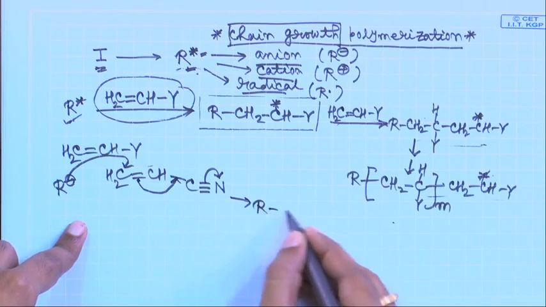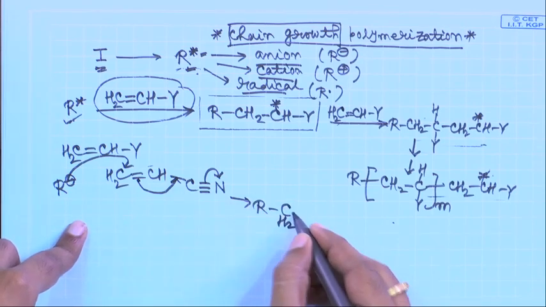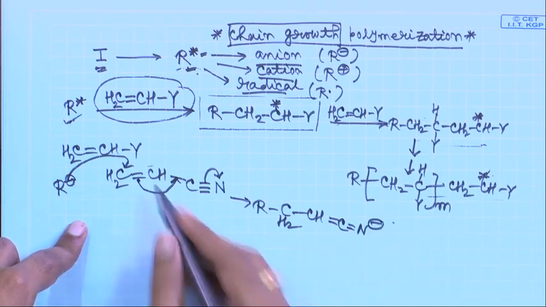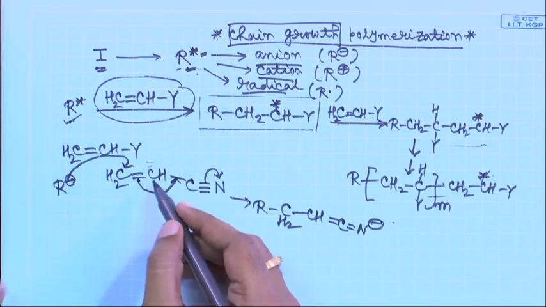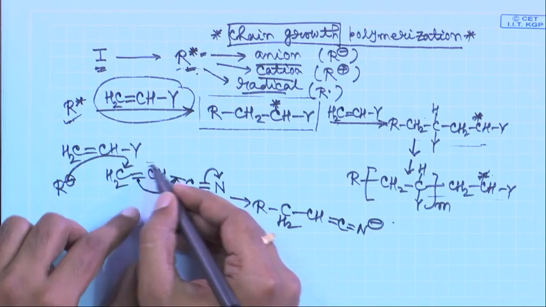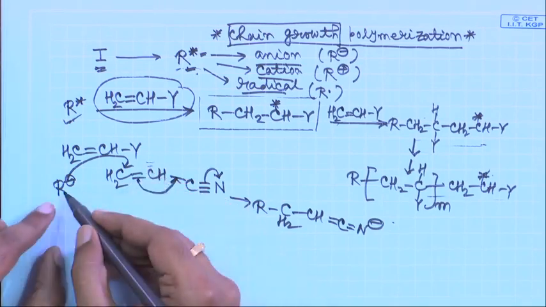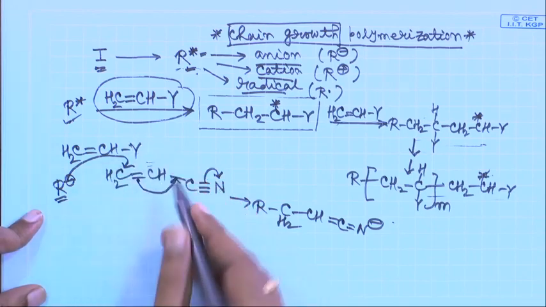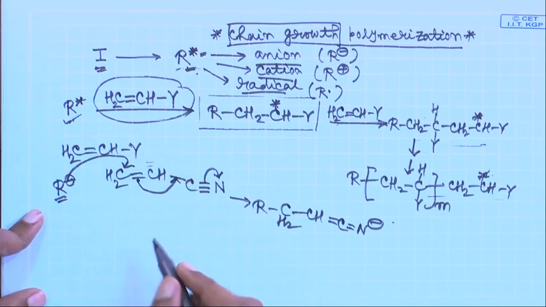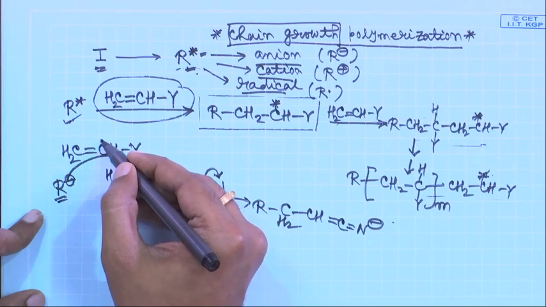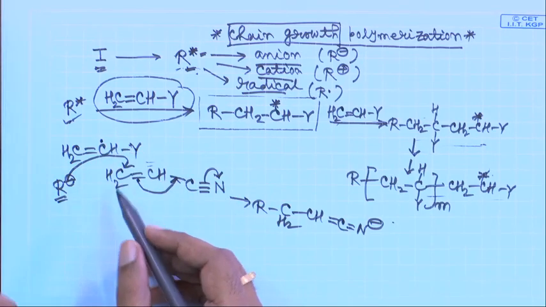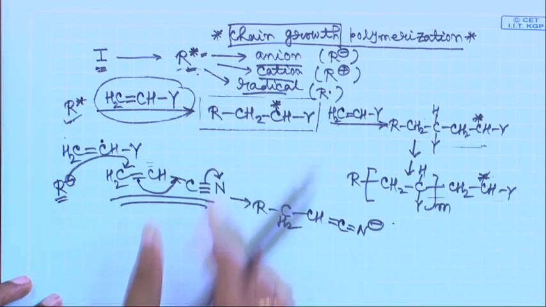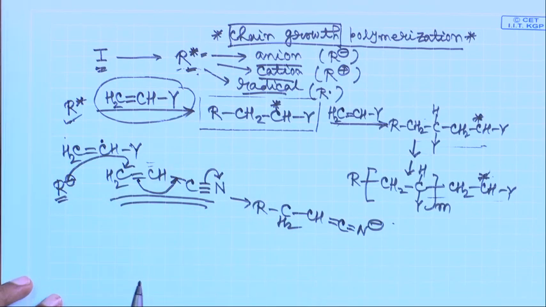Basically you can have a resonance stabilization of the negative charge that is growing here, because that is being presented here because of the anionic initiator. So, if you have Y which is electron withdrawing, it can stabilize a negative charge development on this particular carbon, and that way these kinds of monomers can undergo anionic polymerization.